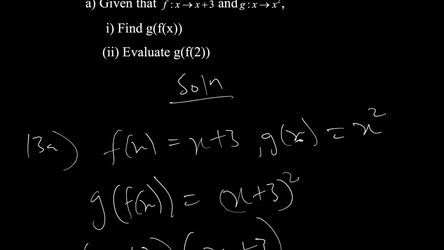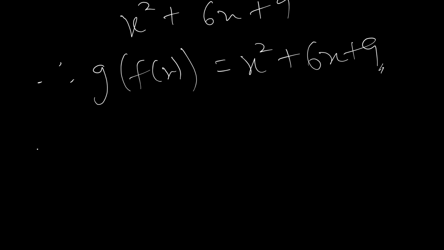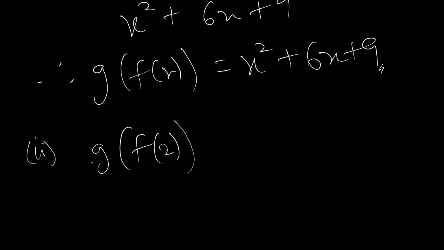So moving on to (ii), it says evaluate g of f of 2. So g of f of x is x squared plus 6x plus 9. So what this means is that anywhere we see x in this relation, we put 2 there.